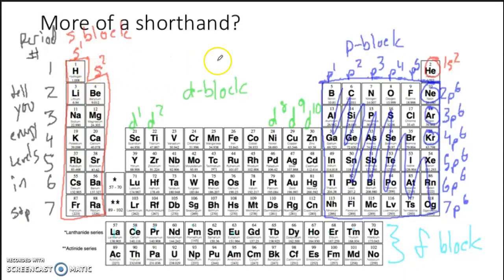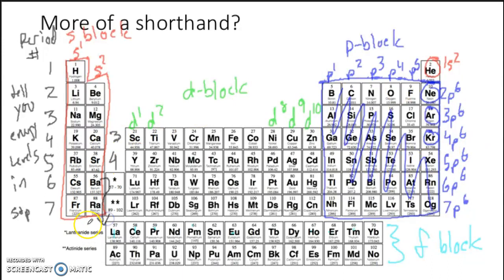So 1s1, 1s2, 2s1, 2s2, 2p6, 3s2, 3p6, 4s2. So what happens when we jump into the D block? We go down, because remember, after 4s comes 3d10, 4p6, 5s2, 4d10, 5p6, 6s2.